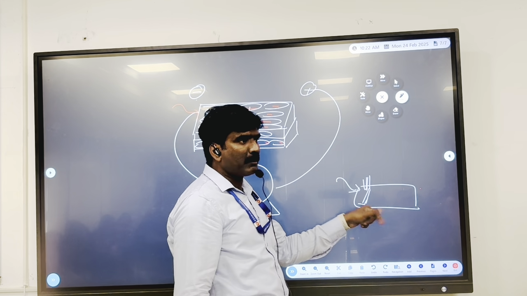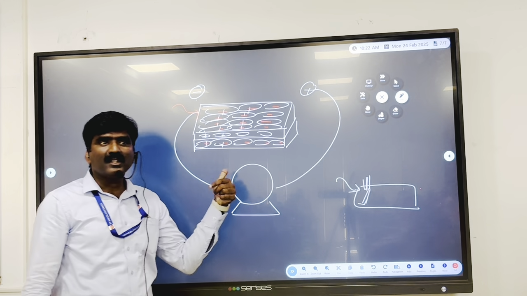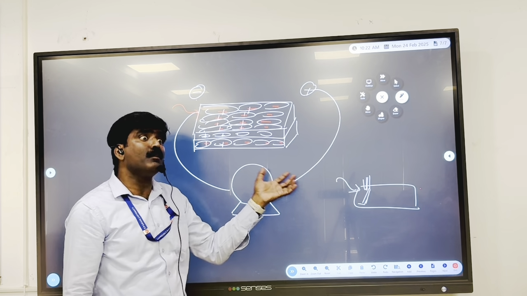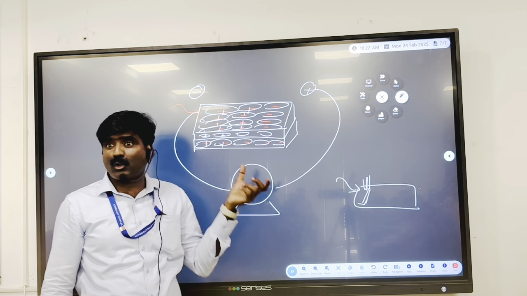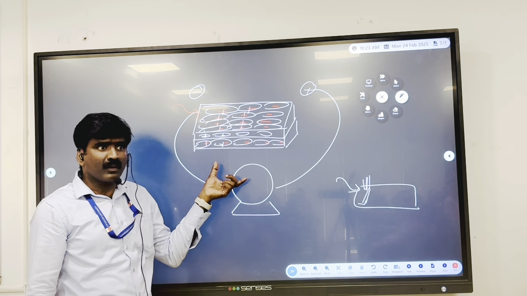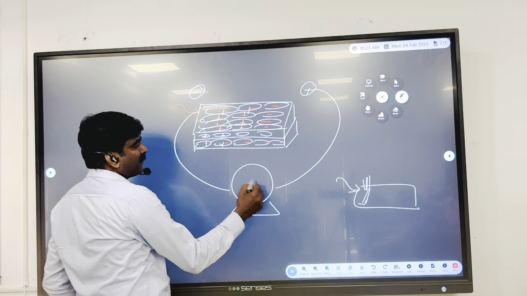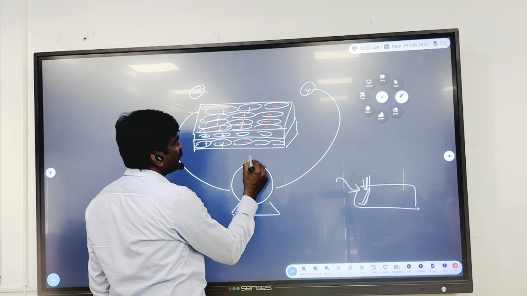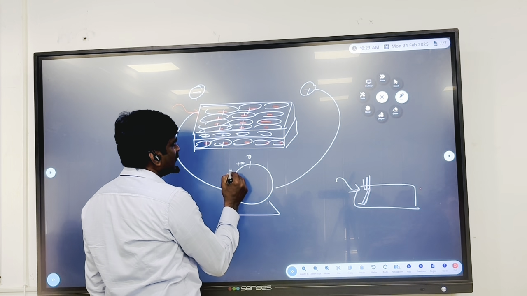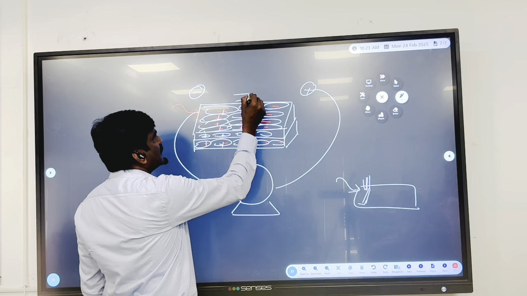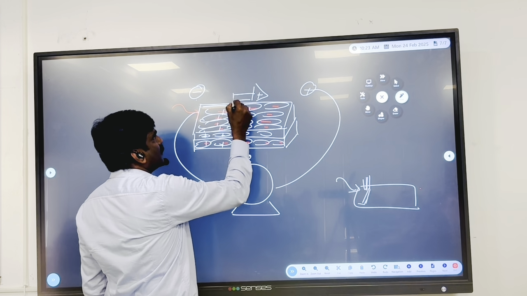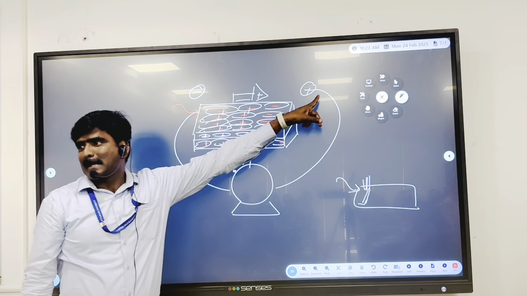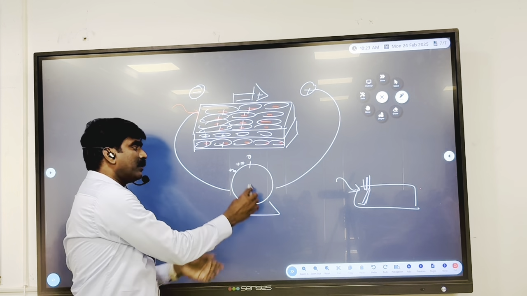This is thin, but here it is thick. So double cell. Here what will happen? More sodium will enter into the cell because of the thickness. So the deflection will be less or more? Here it is 0, plus 10, plus 20. Again, the positive vector is moving towards the positive electrode, but now the deflection will be more.